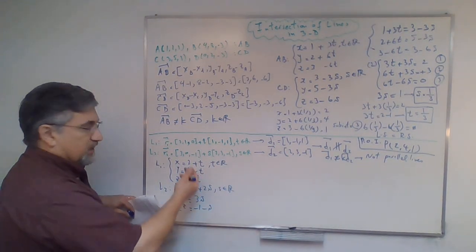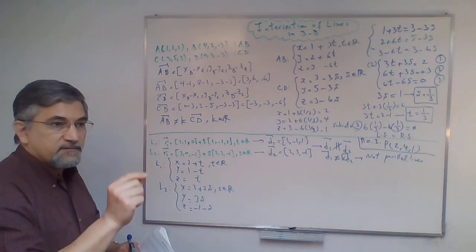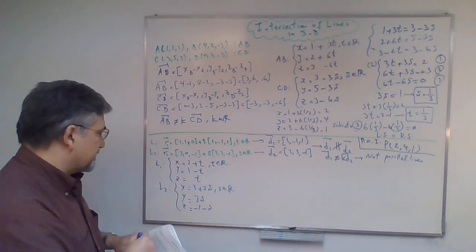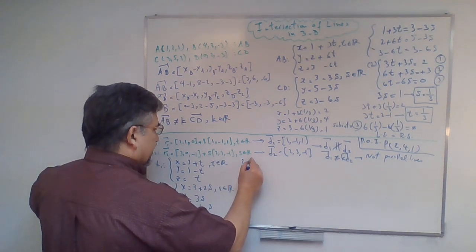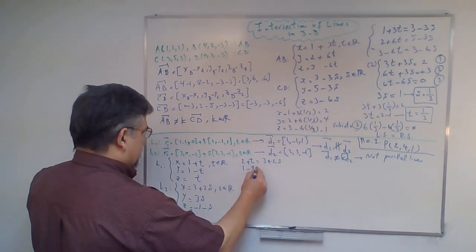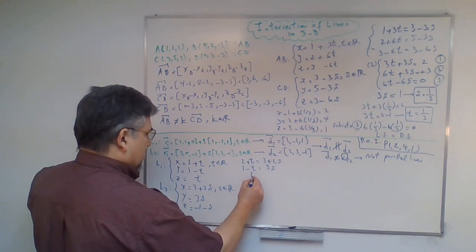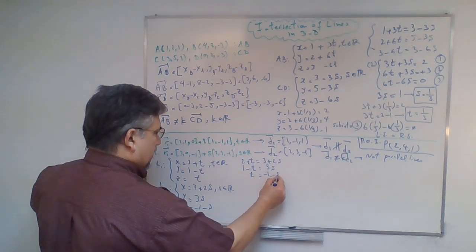Once again, if they are intersecting, they must have the same x, y, z, which means that the point of intersection must have the same x, y, z. So I'm going to say 2 plus t should equal 3 plus 2s. 1 minus t should be 3s, and t should be -1 minus s.